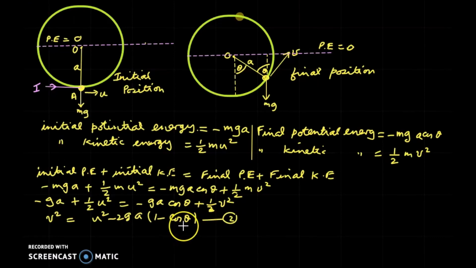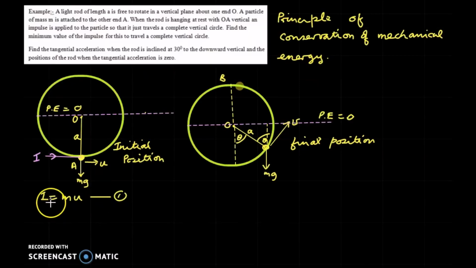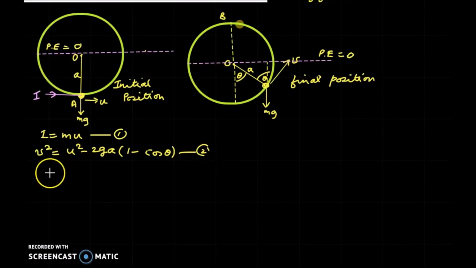From this equation, we can get the velocity of the particle at any angle. Now, for this to describe complete vertical circles, the velocity of the particle at the highest point should be greater than or equal to 0. Now using equation number 2, we have to find the velocity of the particle when theta equals 180. Let that velocity be v1. We substitute 180 for theta.